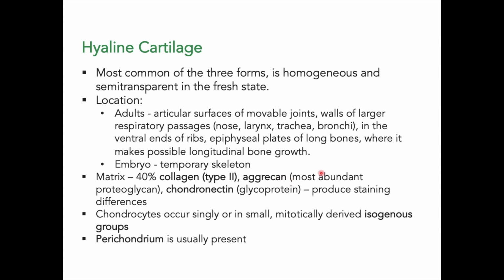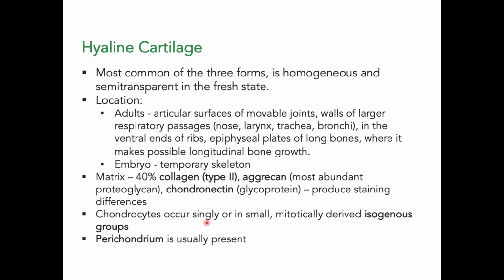And also aggrecan, the most abundant proteoglycans, also chondronectin, which is a glycoprotein. The percentage of the substances in your extracellular matrix is responsible for the staining differences in the territorial matrix of different cartilage.